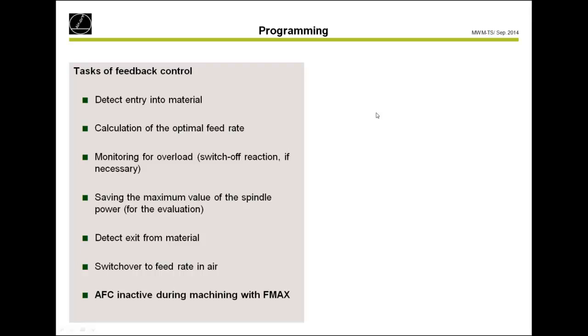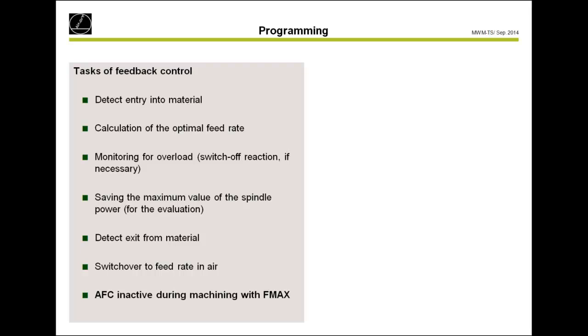So some points also for AFC. We can detect the entry in the material, we can optimize the feed rate for it, we can work against overload for the tool, we can also save the maximum value for the spindle for a later process.